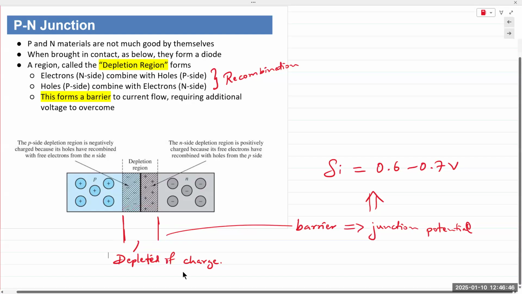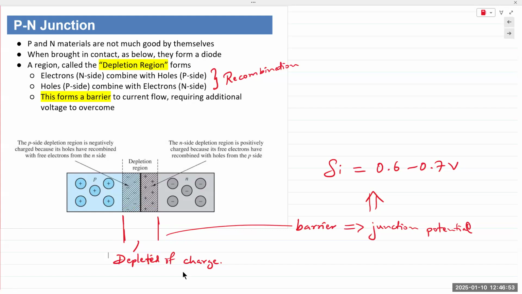The depletion region is a barrier between the two P and N type semiconductors. This barrier needs to be overcome, and that brings the holes and electrons into much closer contact. The depletion region shrinks, and beyond 0.6 or 0.7 volts, shrinks down completely to 0.